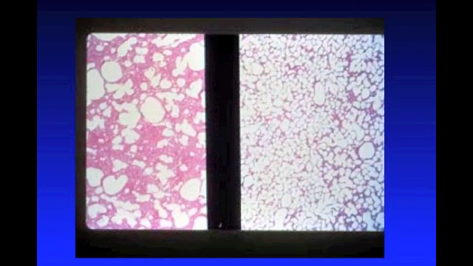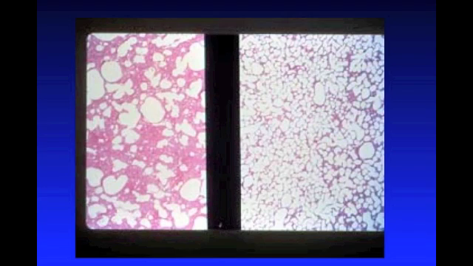And this is a slide of our baboon model of hyaline membrane disease, in which the slide on your right that looks very open is an animal that was given 1 hour of conventional ventilation and then 23 hours of high-frequency ventilation where the lung was kept open.